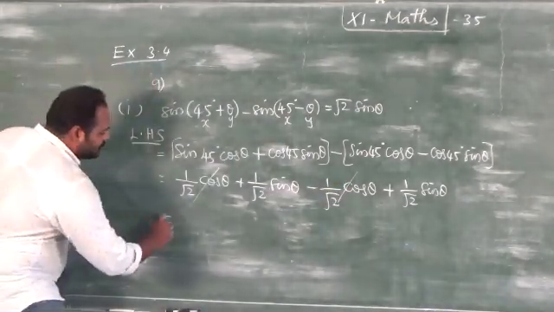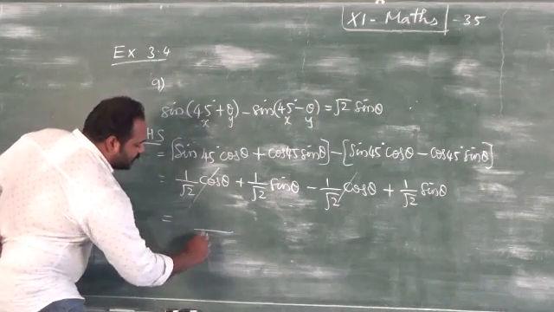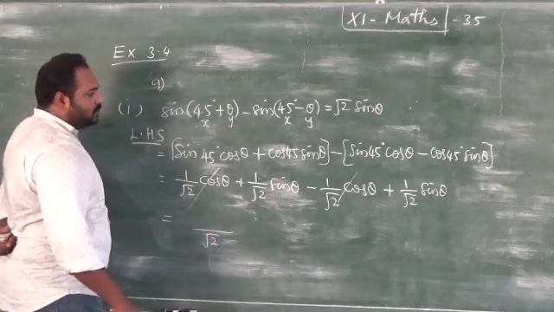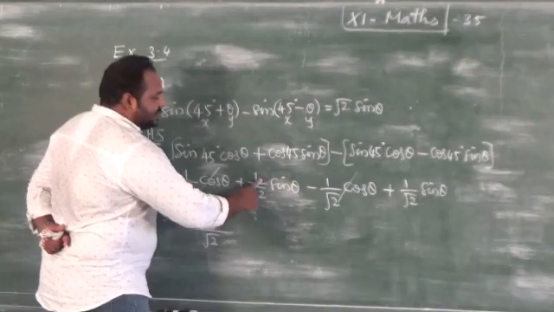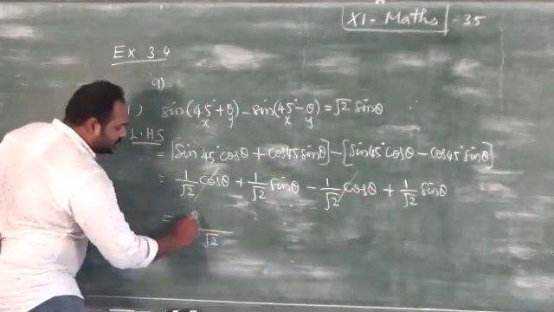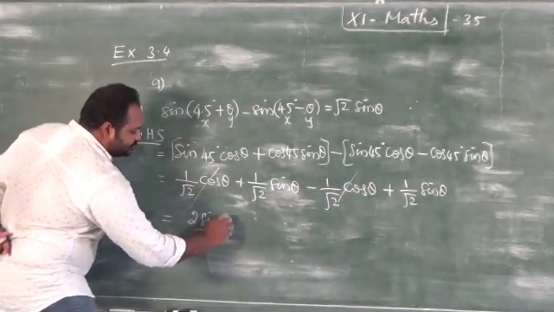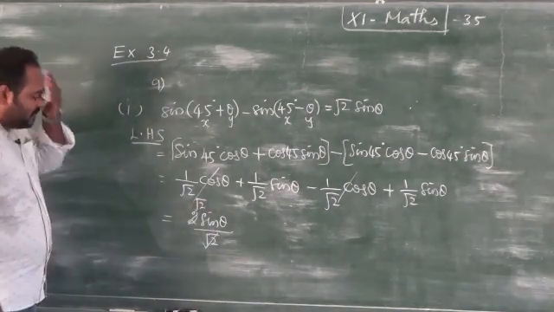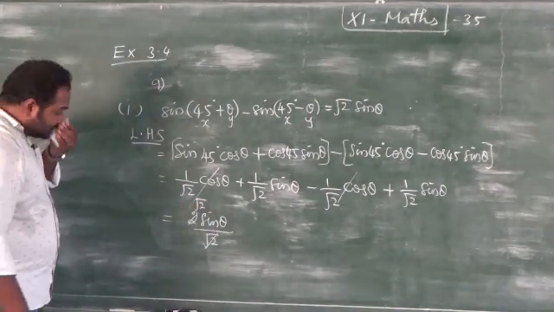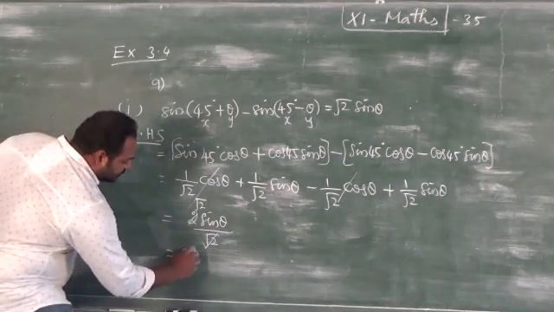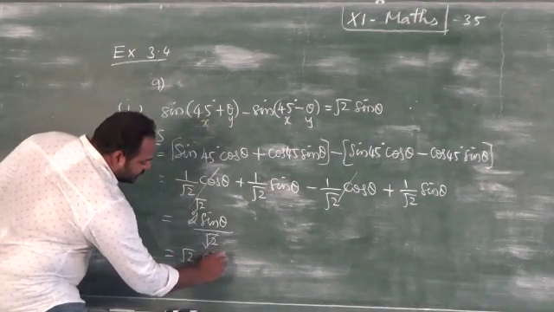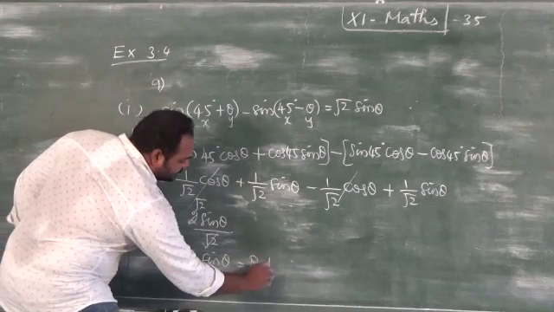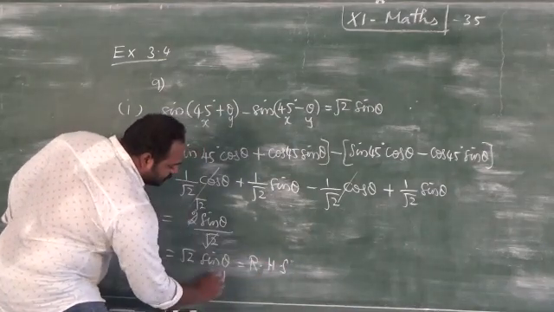We will have common denominator root 2, sin theta plus sin theta, 2 sin theta. If I cancel 2 and root 2, this is root 2. So the answer is root 2 sin theta, which is the RHS side. Hence proved.